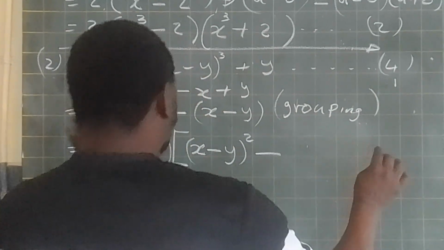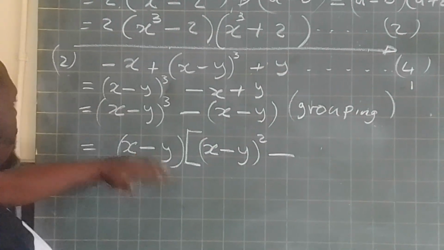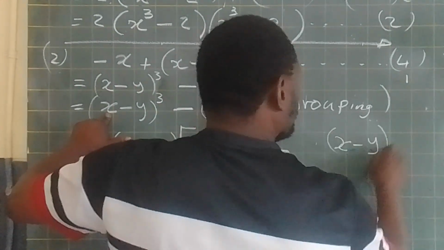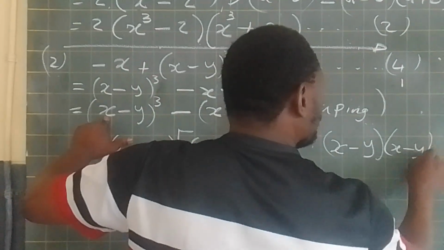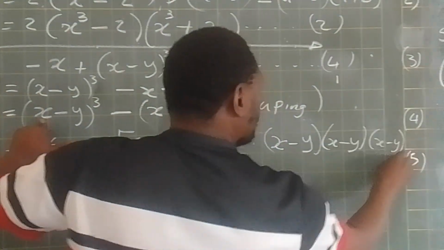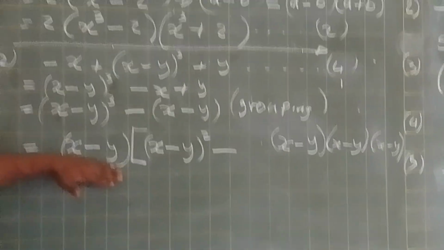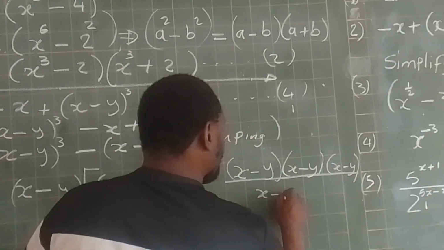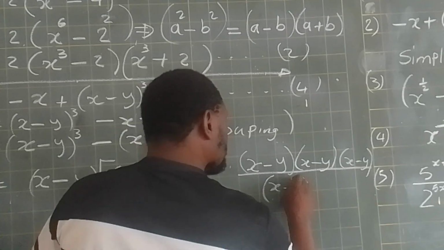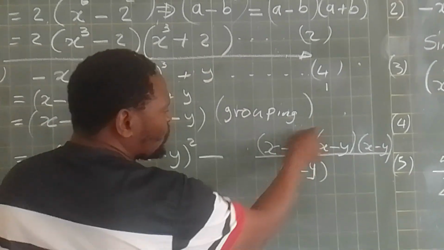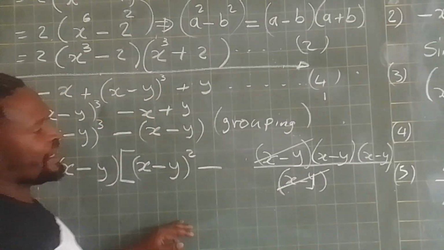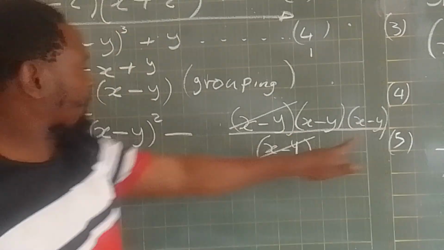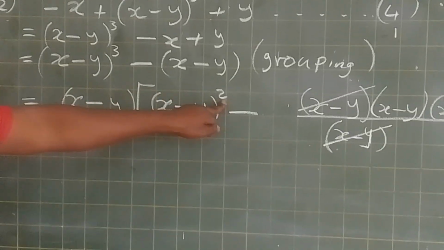Do not panic. Let's start here. You take x minus y as a common factor. When you take a common factor, it's the same as dividing by x minus y. So the first x minus y bracket cancels off, and you are left with x minus y squared.